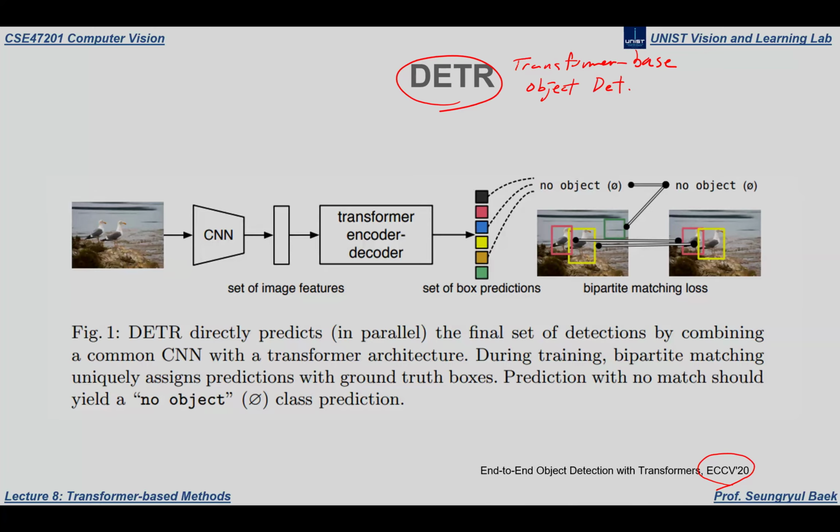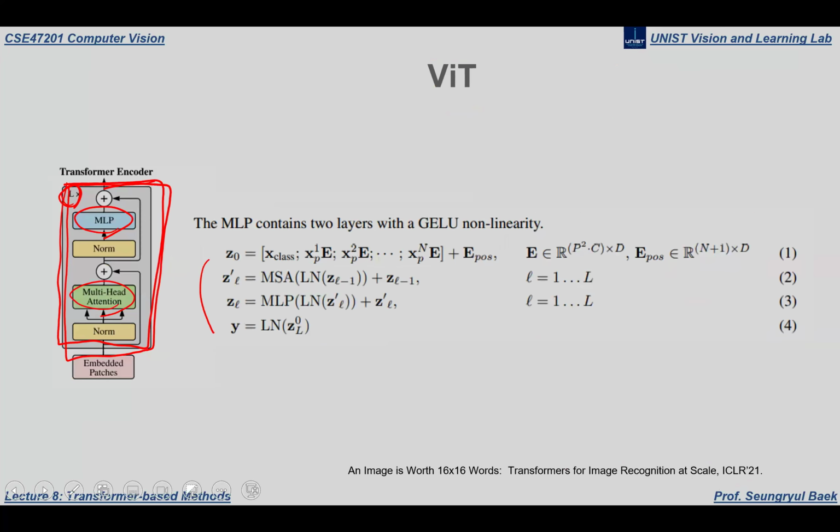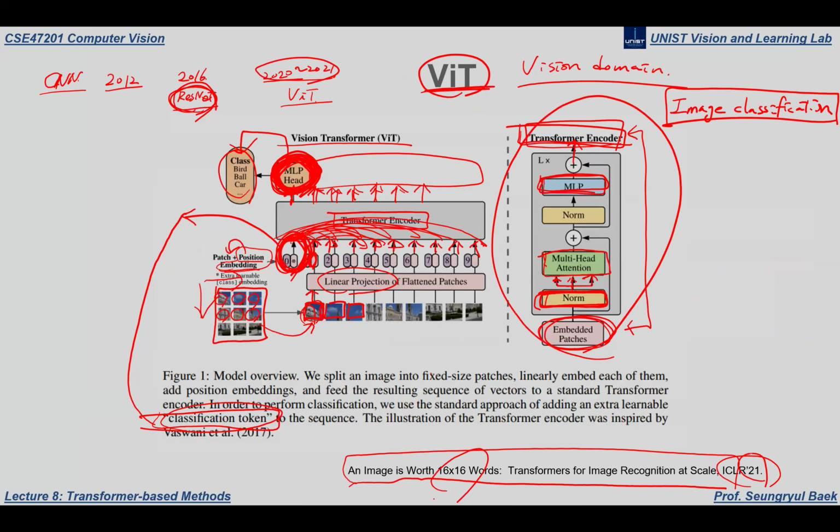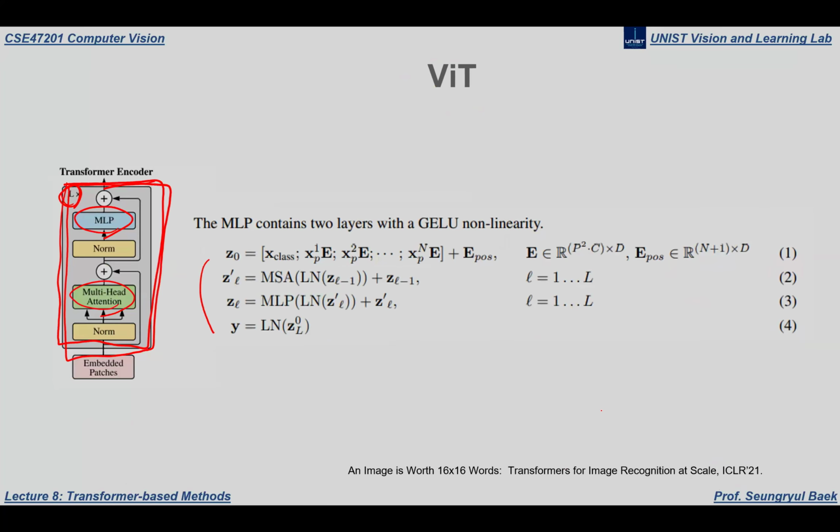It is more complex and has both encoder and decoder architectures. But ViT only has an encoder, and it appeared in 2021, aiming to achieve image classification, which is simpler than object detection.